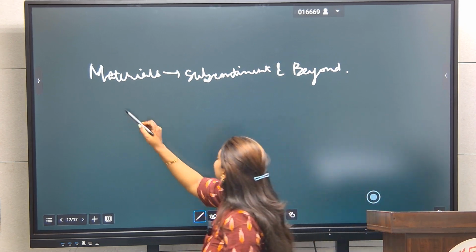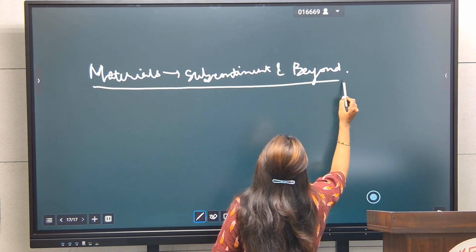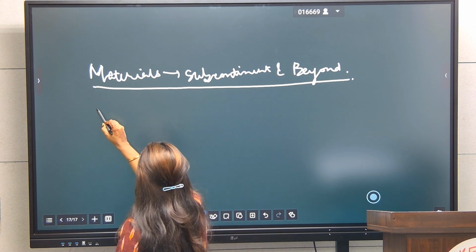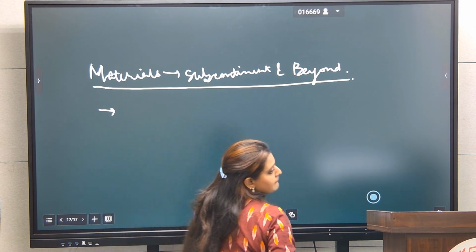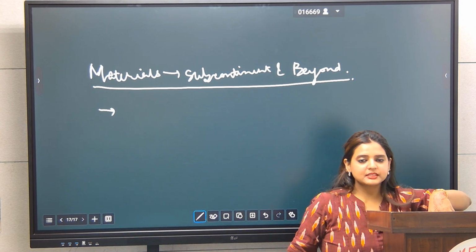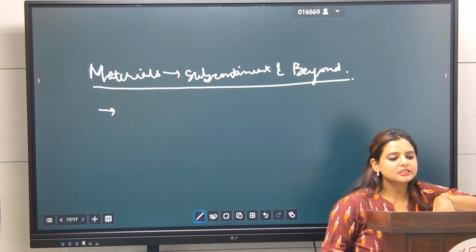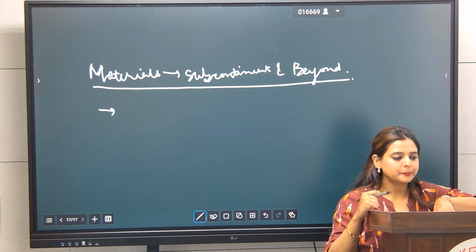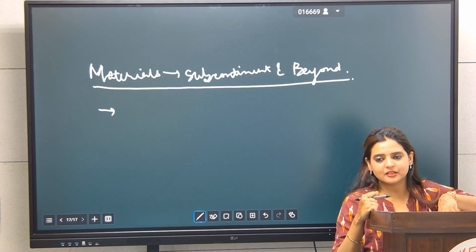So how did they do that? They established settlements such as Nageshwar and Balakot in areas where shell was available.